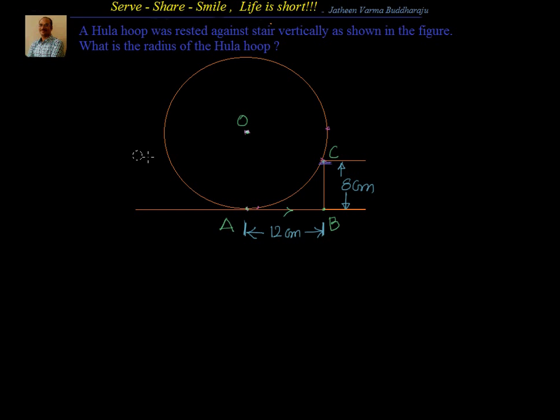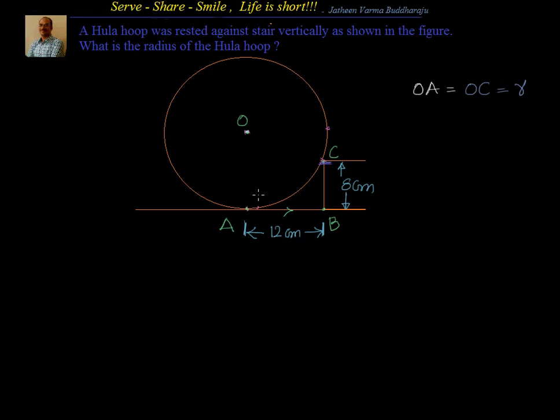So we have a circle. Let us say the radius of the circle is r. So then we know that OA equal to OC is equal to radius r, because A and C are 2 points which are on the circle.